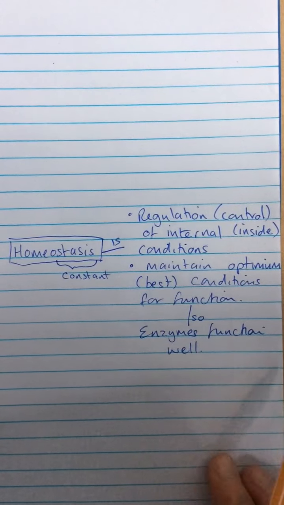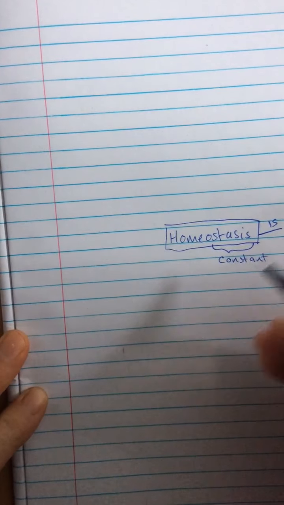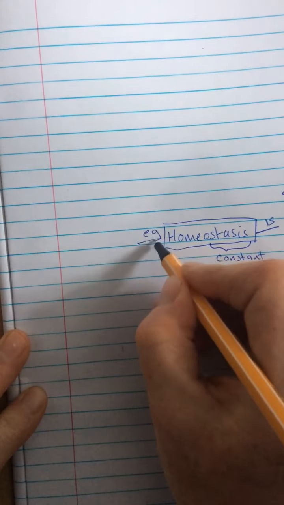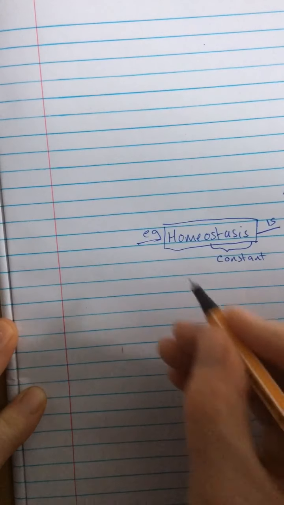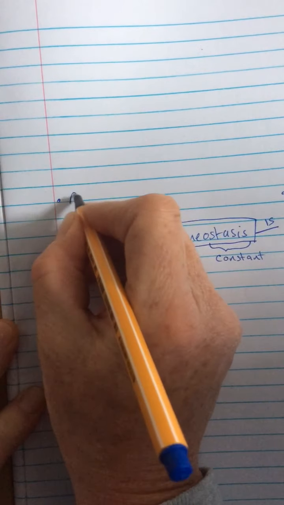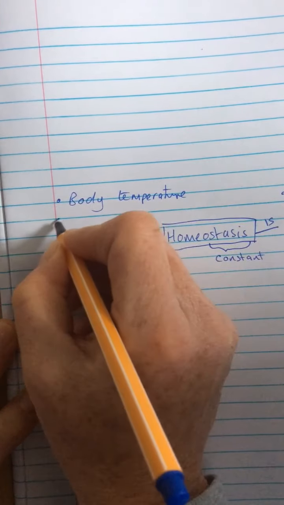Okay, so things that we need to maintain, there are basically 3 examples that you need to know. First one we've already mentioned is body temperature. So we need to maintain body temperature.